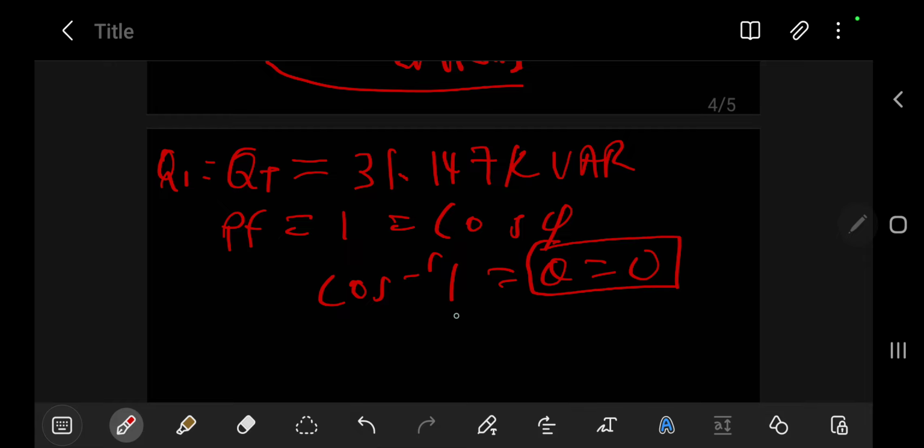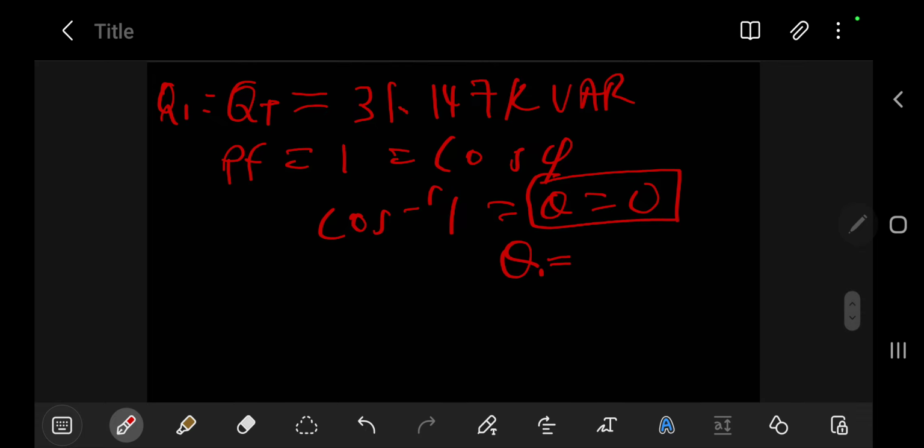So you know that you want to reduce your angle from what you had initially to a new value, in fact.